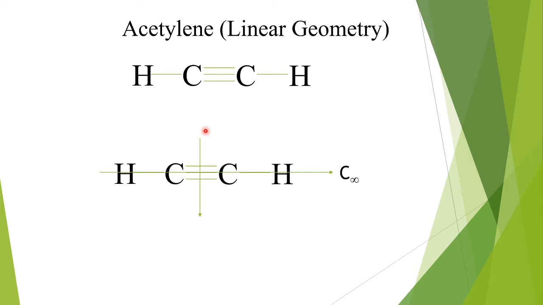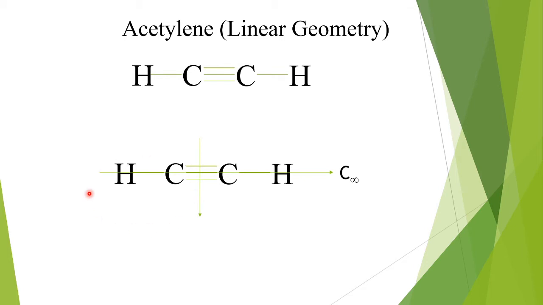So what happens when we rotate the molecule through this particular axis? When we rotate through this axis, this carbon and hydrogen will come to the right hand side, and this carbon and hydrogen will go to the left hand side. Okay, and if we rotate again, this carbon and hydrogen will come back to its original position.